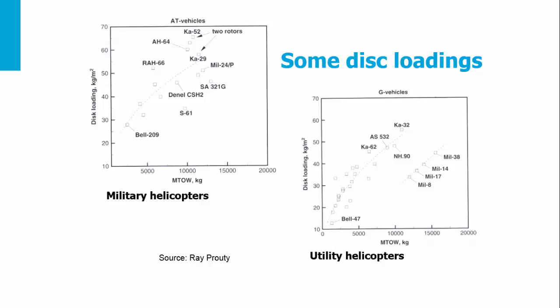And in this way, you can see the Ka-52 or Ka-29 with quite high disk loading. There is also a difference between the Russian helicopters and the American helicopters. You can see that for a much higher maximum takeoff weight, the disk loading of the Russian helicopters is lower.